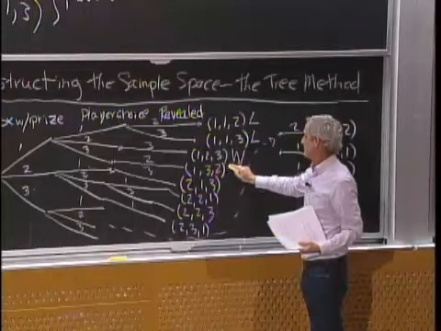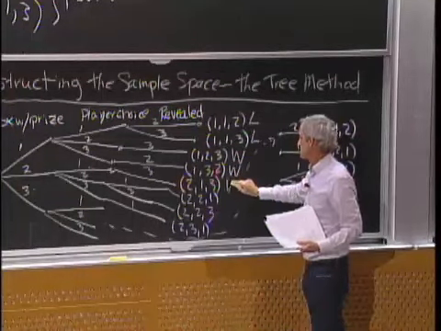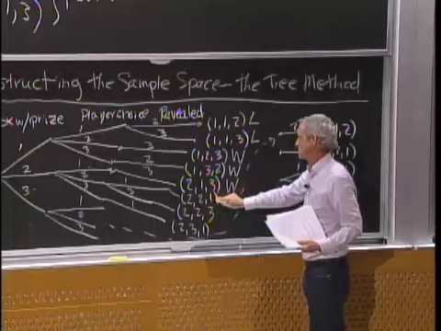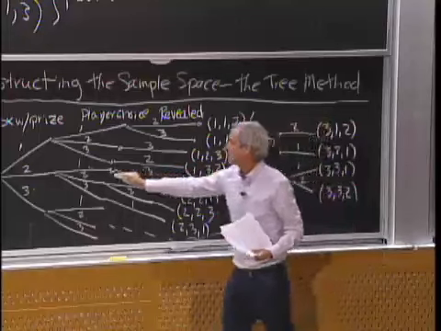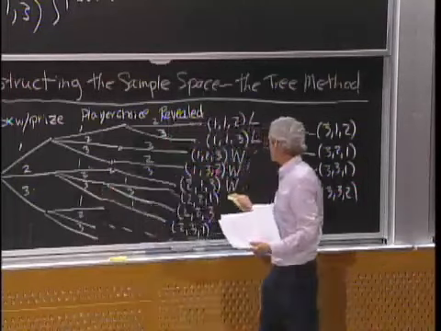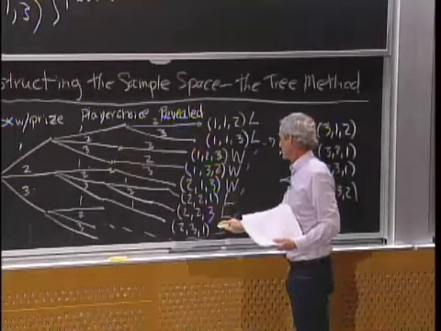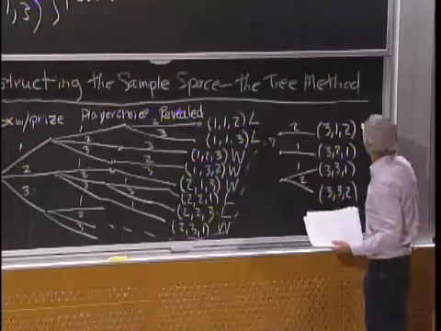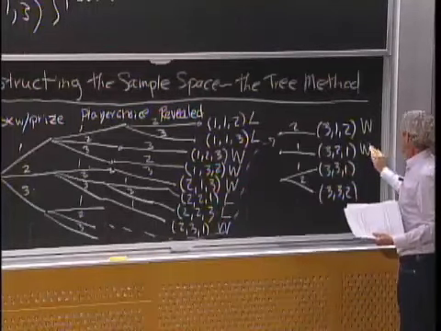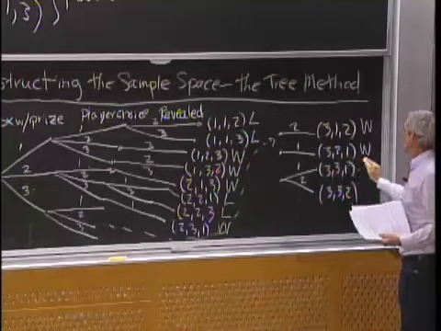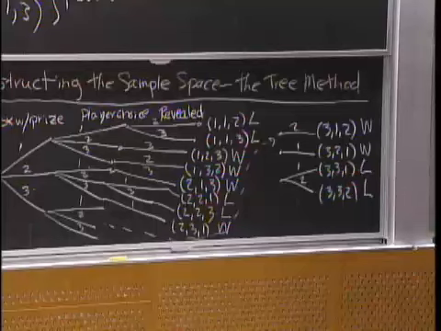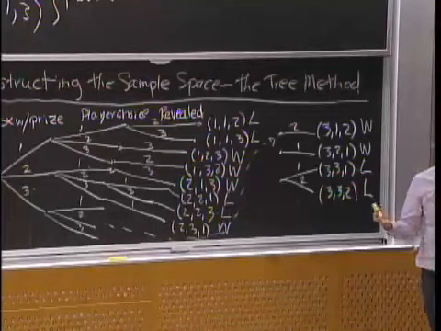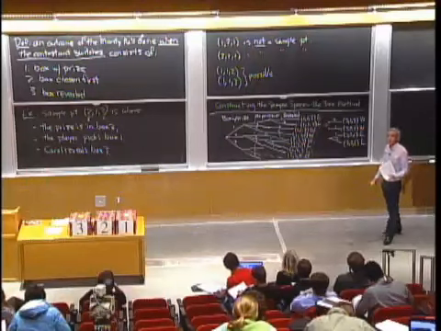Win. And these are all wins for the same reason. Not this one. 2-2-1. The player got it right to start with and then switched away. That's a loss. Loss. Win. Win. Win. And here the player got it right. They switched away to lose. All right, so we've labeled every outcome as to whether the player who's switching wins or loses.